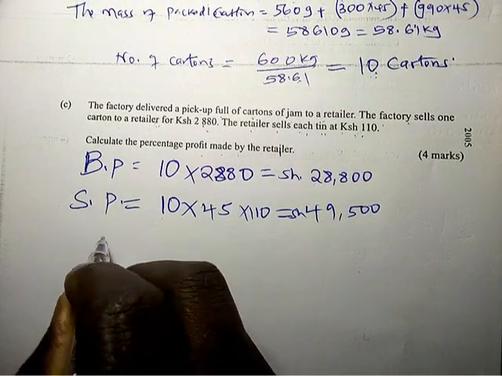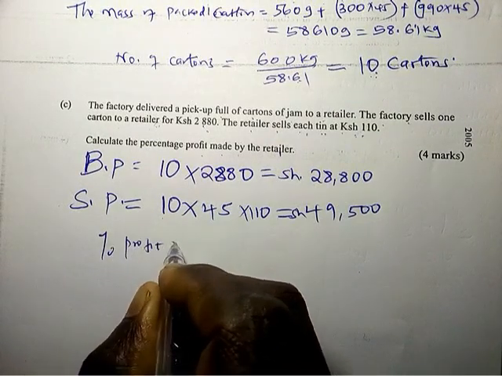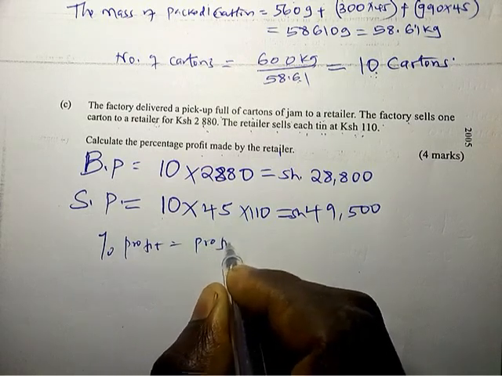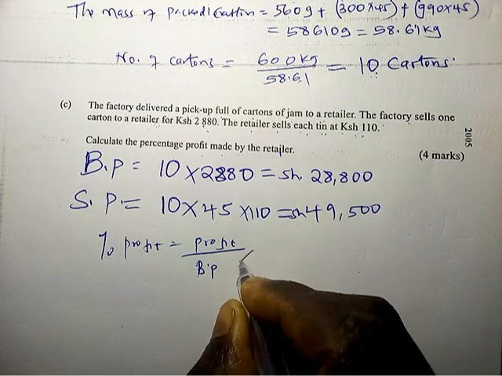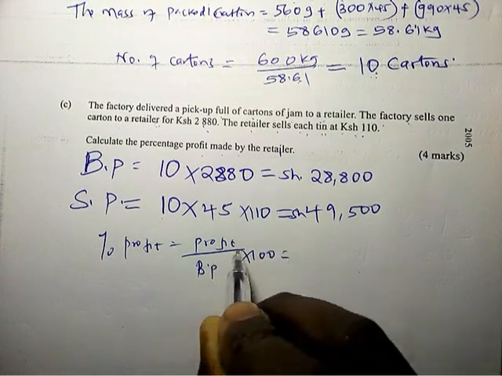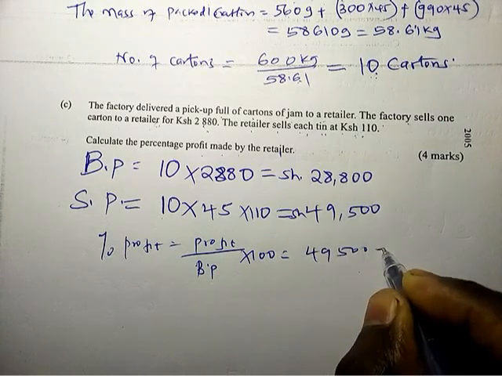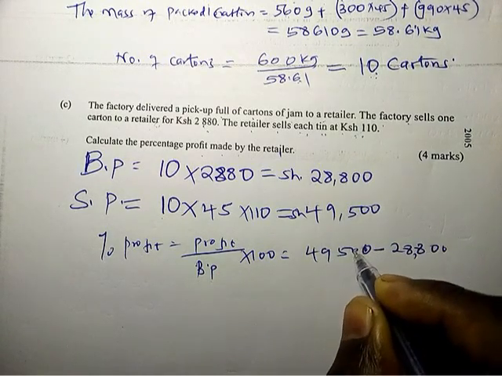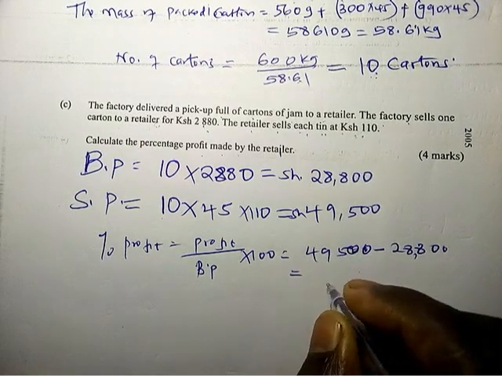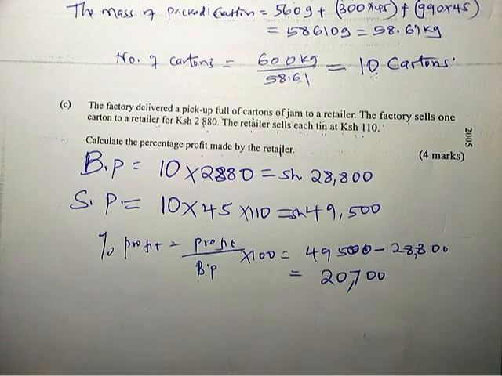Now the percentage profit is equal to profit divided by the original buying price, times 100. The profit itself is 49,500 minus 28,800, which gives us 20,700.